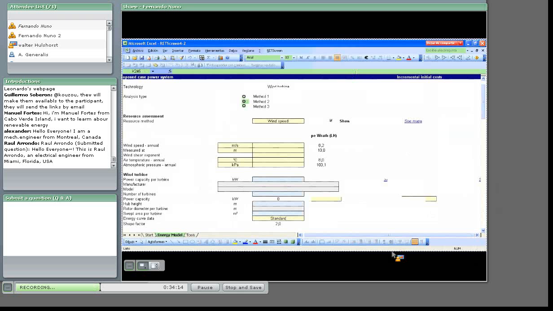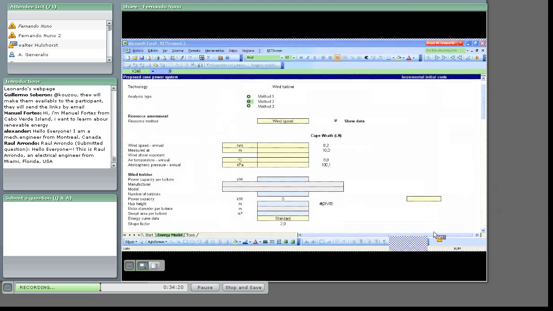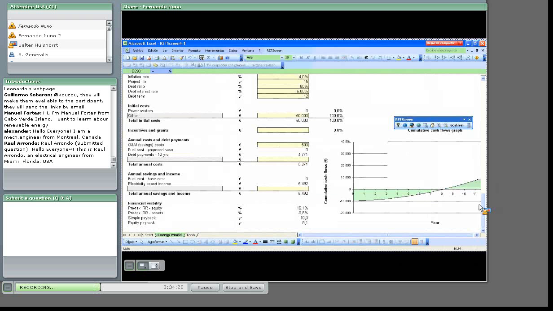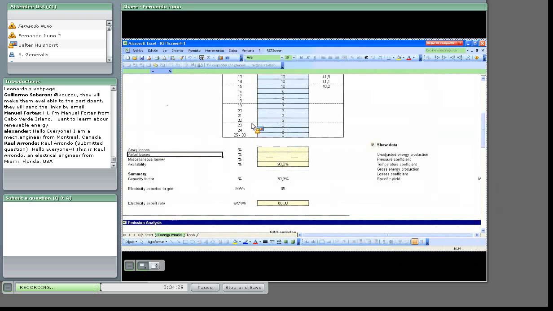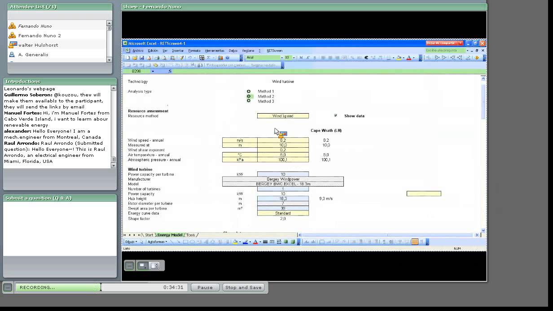Let me show you. This is method 2. Okay, so in method 2 we specify an average annual wind speed, so 8.2 meters per second, measured at 10 meters high.